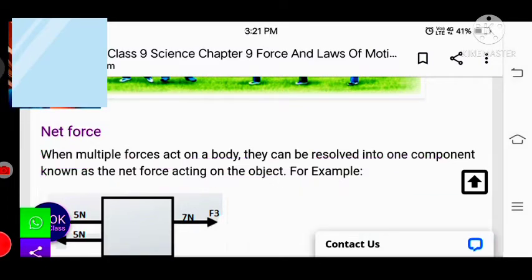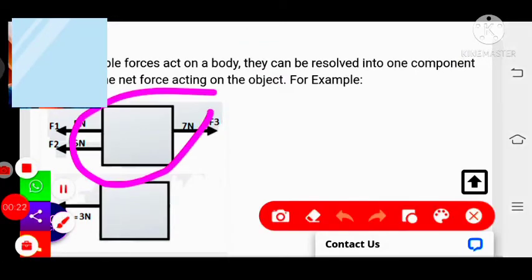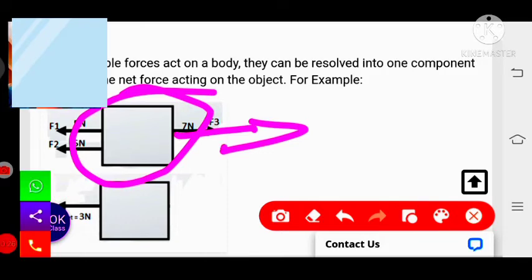For example, this is an object and 7 newton of force is applied in this direction, and 5 newton, 2 times 5 newton, of force is applied in this direction. So the net force is the subtraction of all forces which are applied on an object.